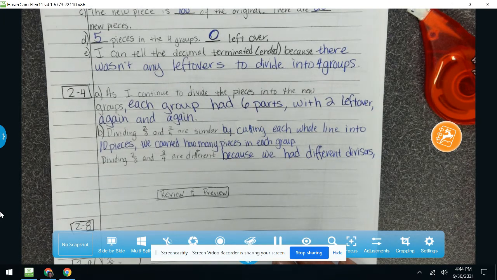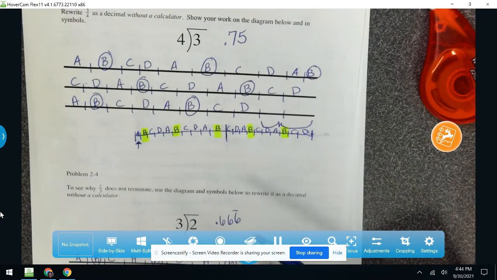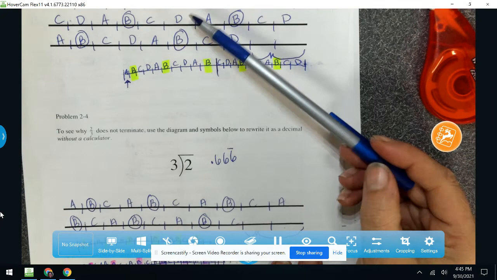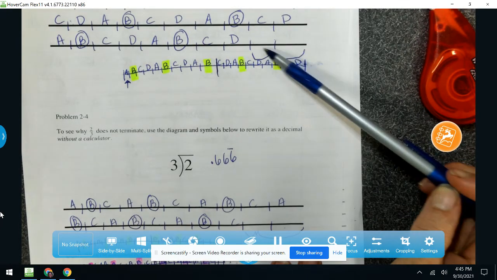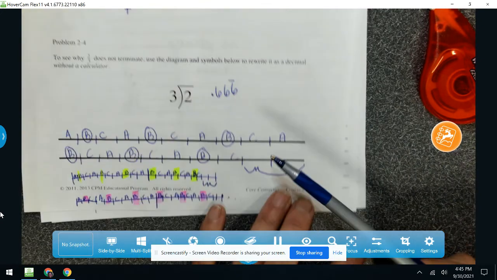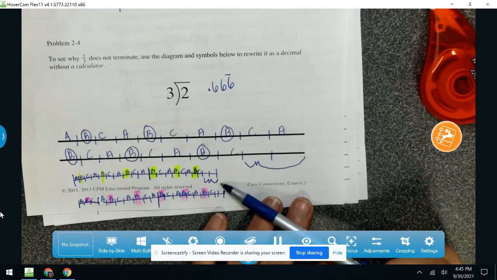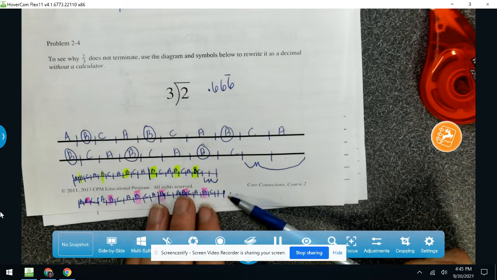That was similar. Of course, the size of the group was different. The number of pieces were different. But we ended up where we had 2 left over here and none left over here. But down here we had 2 left over, 2 left over, 2 left over, etc.